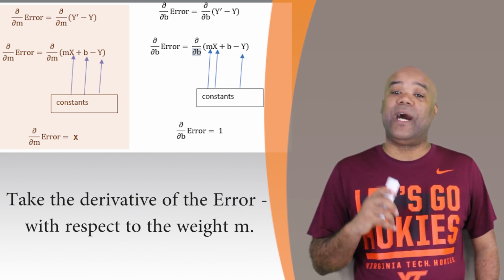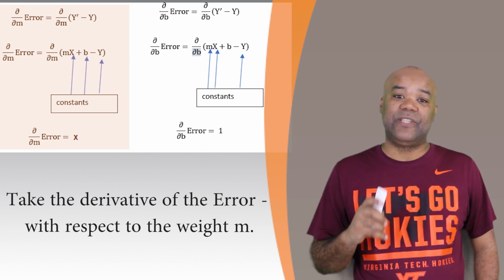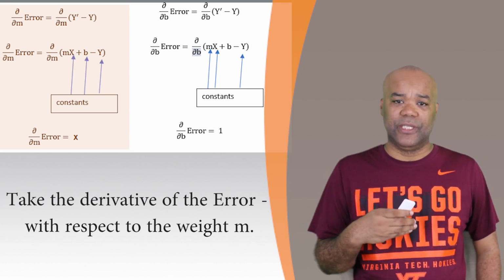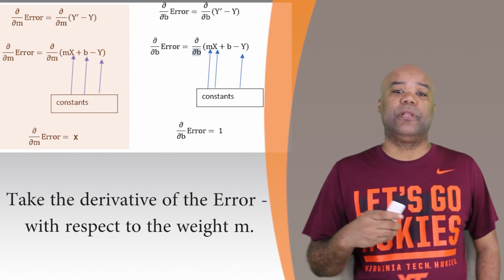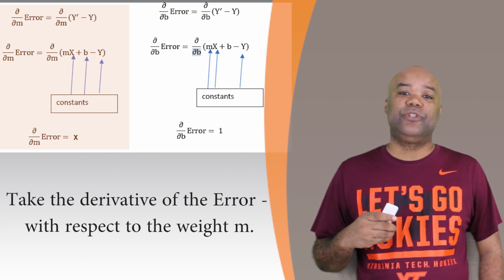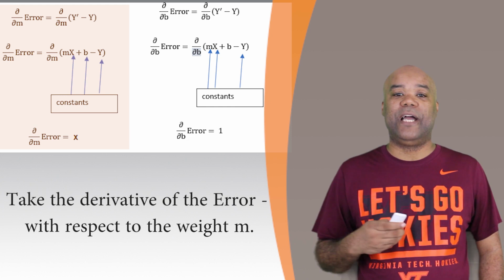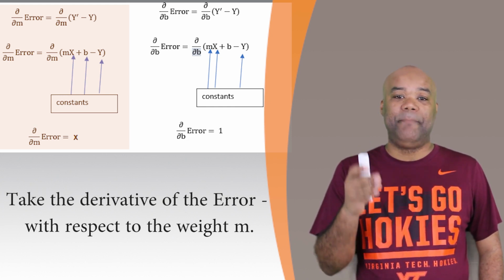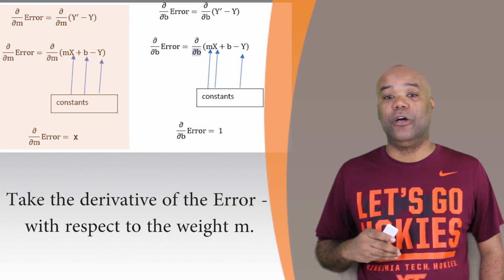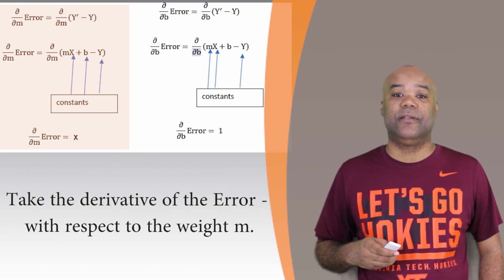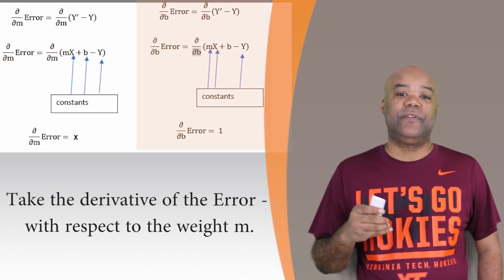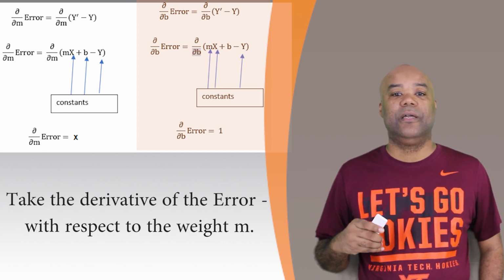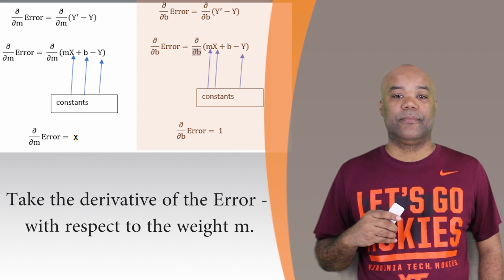We know that y prime is actually the algorithm. Y prime, our prediction, equals mx plus b. So let's substitute the algorithm in for y prime. This means that x, b, and y are all constants. Okay? That means that the derivative of the error with respect to m is equal to x.